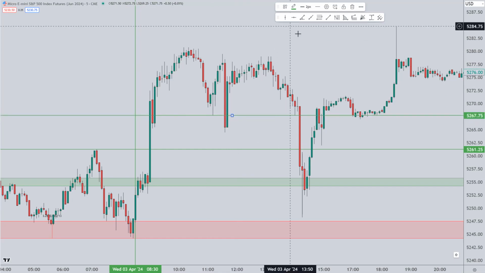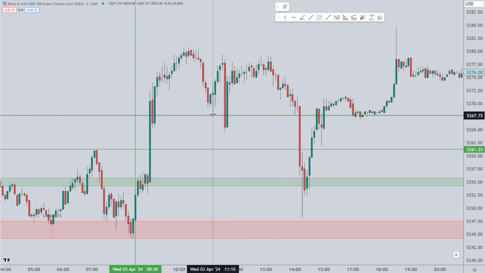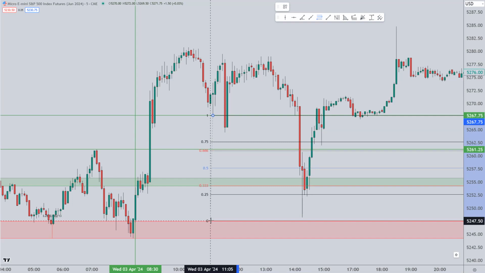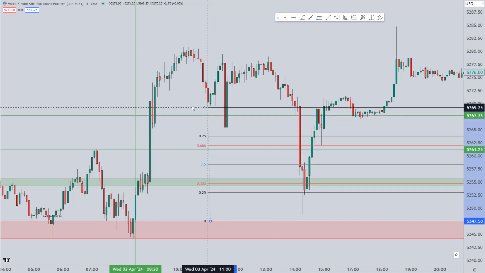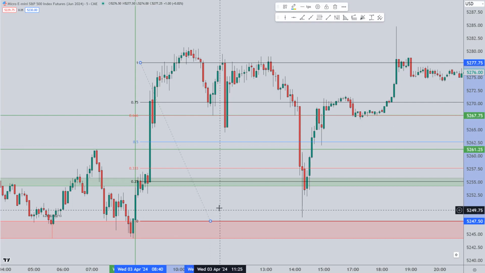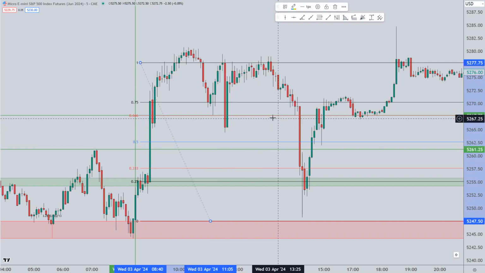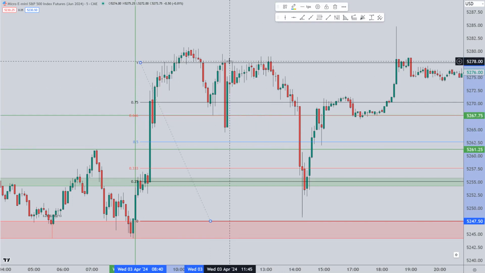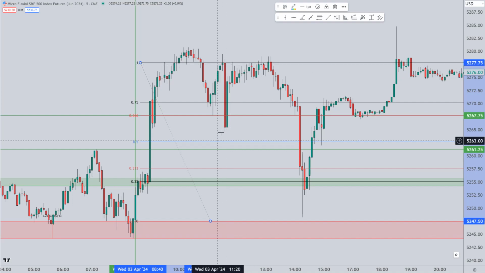Now what happens? I'm going to mark the entry. Here's our target, and I'm going to drag this up so that 2/3 is down here and 1/3 is up here, so that the stop loss is 50% of the distance to our target.